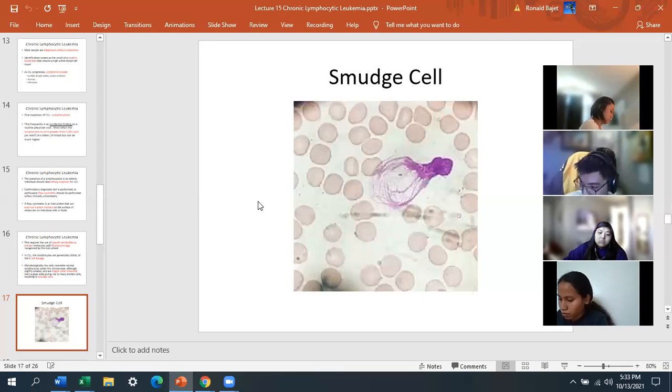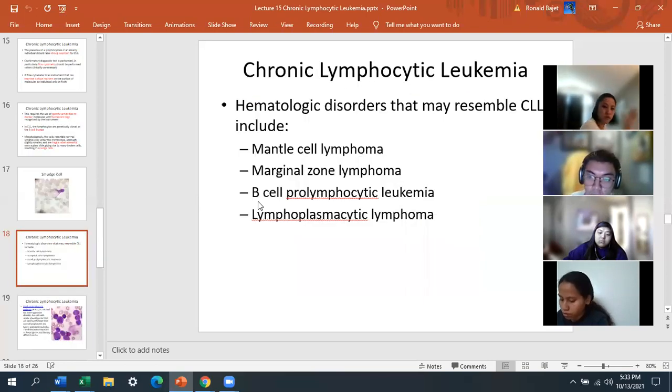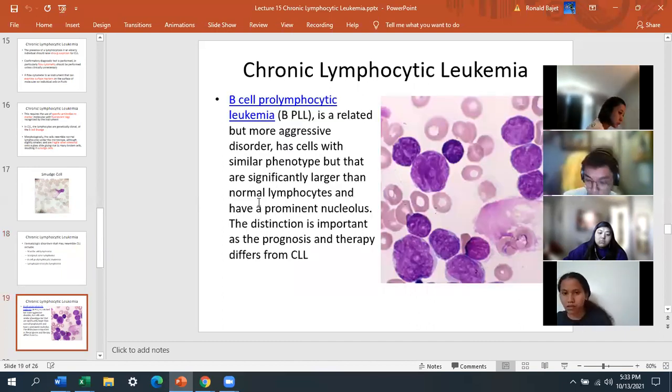Other types of hematologic disorders that look like CLL are mantle cell lymphoma, marginal cell lymphoma, B-cell prolymphocytic leukemia, and lymphoplasmacytic lymphoma. Take B-cell prolymphocytic leukemia.